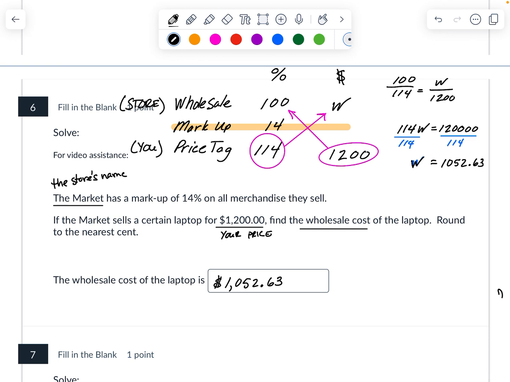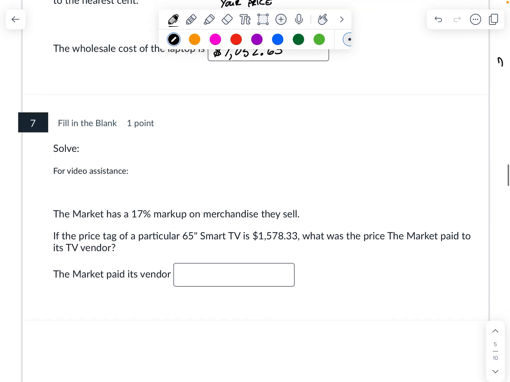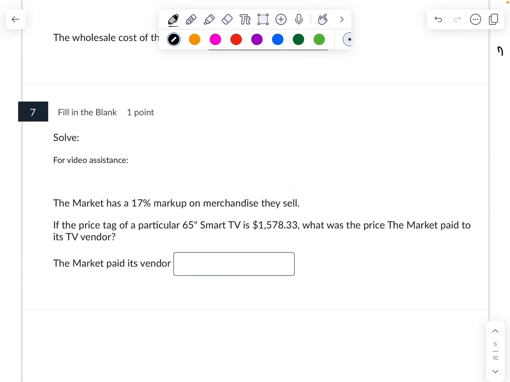They sold it to you for $1,200. So let's say this is Target. Target bought the computer for $1,052. They turn around and sold it to you for $1,200. Okay? All right.